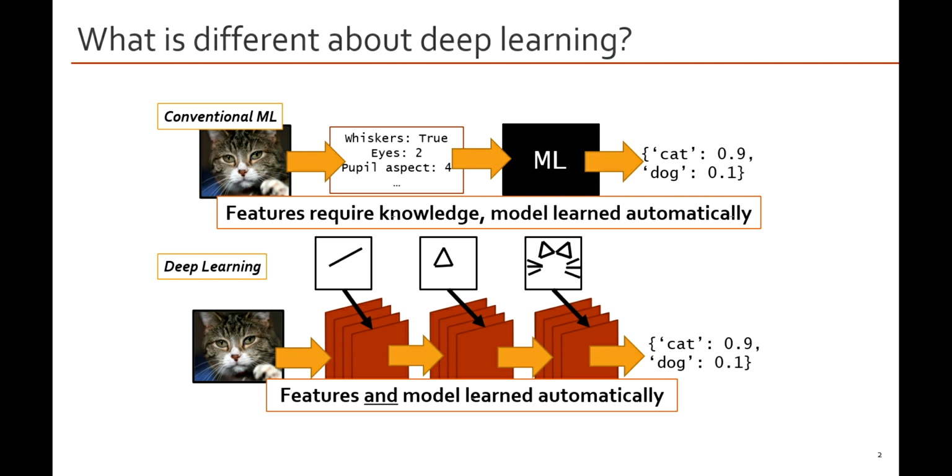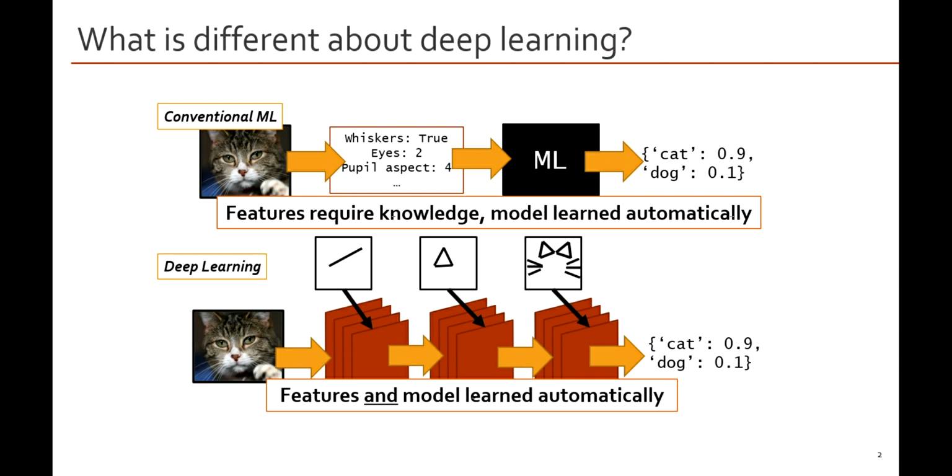learning methods. So to really give a very simple example of how they're different, we'll start off with a kind of a cartoon problem of trying to take a picture and identify whether it's a cat or a dog. So if I were to take this picture and build a model using conventional machine learning, what I would do is first try to extract features.